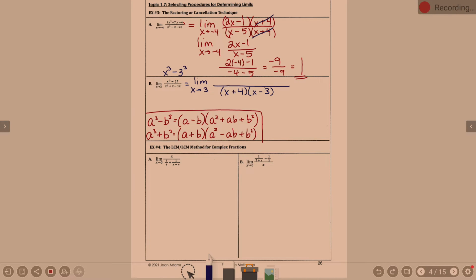So in this formula, every place I see an A is now going to become the x, and every place I see a B, I'm going to put in a 3. So if I think x cubed minus 27, the cube roots are my a and b values, x and 3. So the first parenthesis is going to be a minus b. Basically your cube roots, keeping the sign the same. So x minus 3.